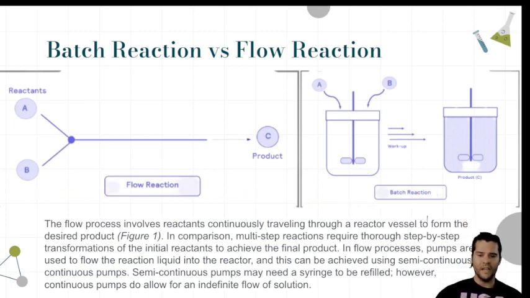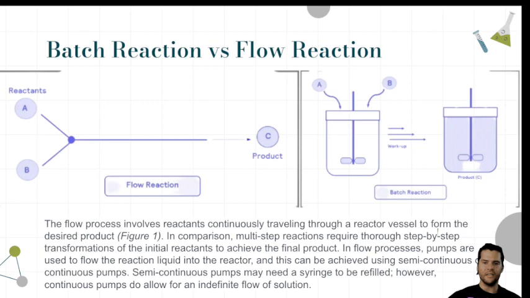First, let me get this out of the way so you can see everything that I'm saying here, okay? So the flow process involves reactants continuously traveling through a reactor vessel to form the desired product. Figure 1. In comparison, multi-step reactions require step-by-step transformations of the initial reactants to achieve the final product.